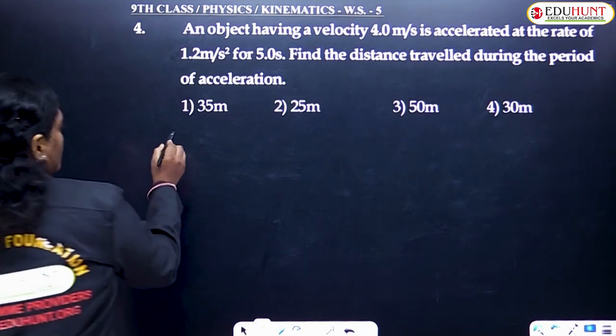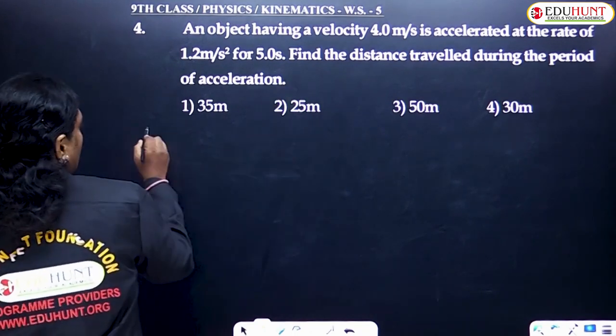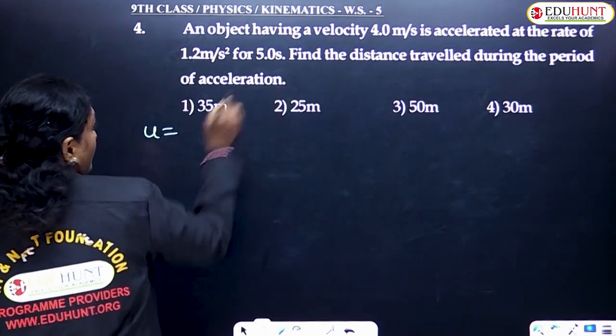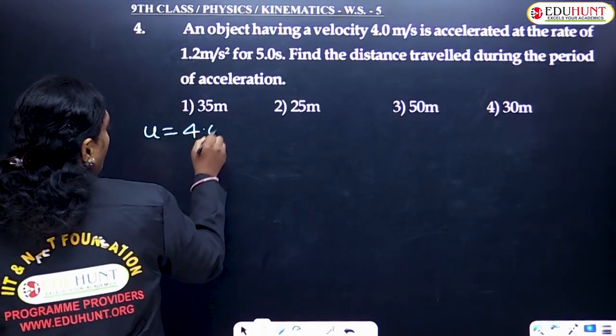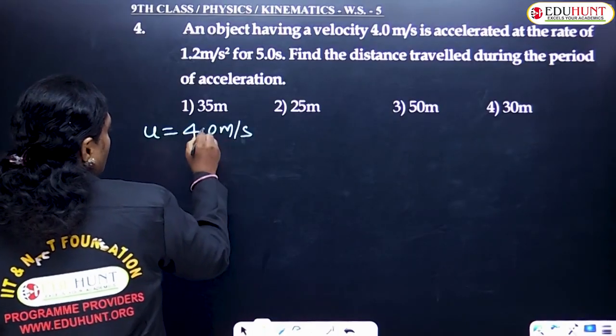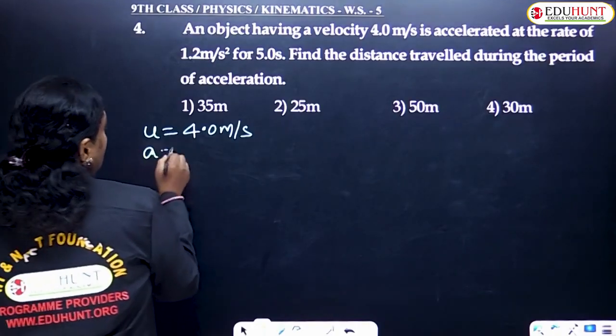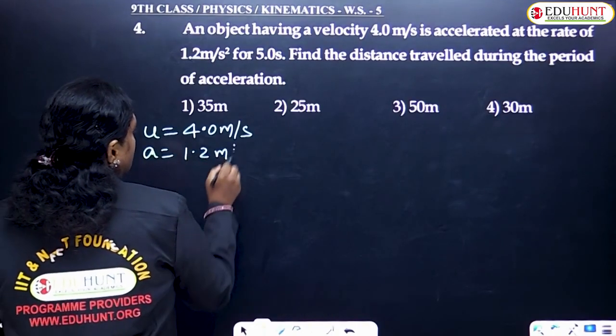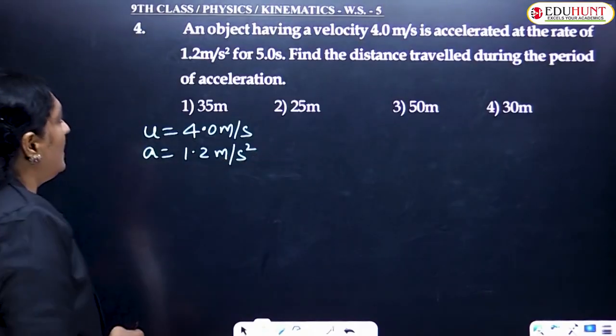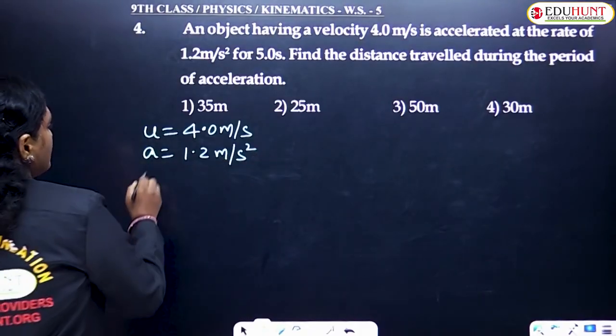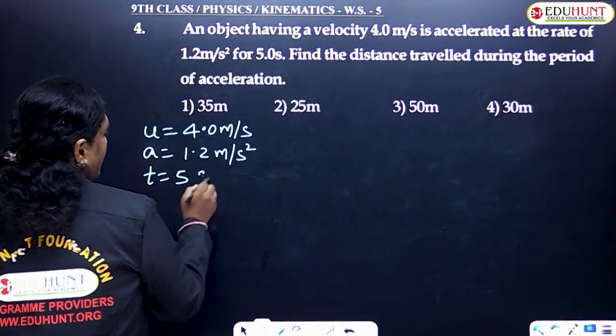So to find the distance traveled, first of all, let us write the given data. Initial velocity was given as 4 meter per second. 4.0 is nothing but 4 meter per second. And acceleration was found to be 1.2 meter per second square. Well, and time was given to be 5 seconds.